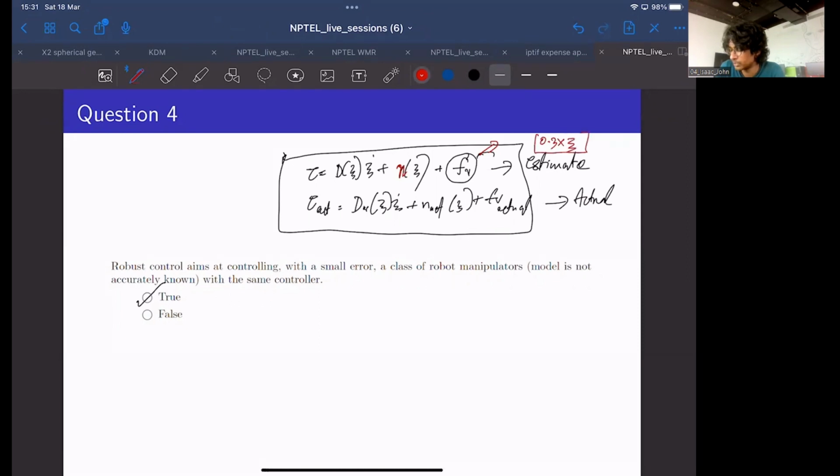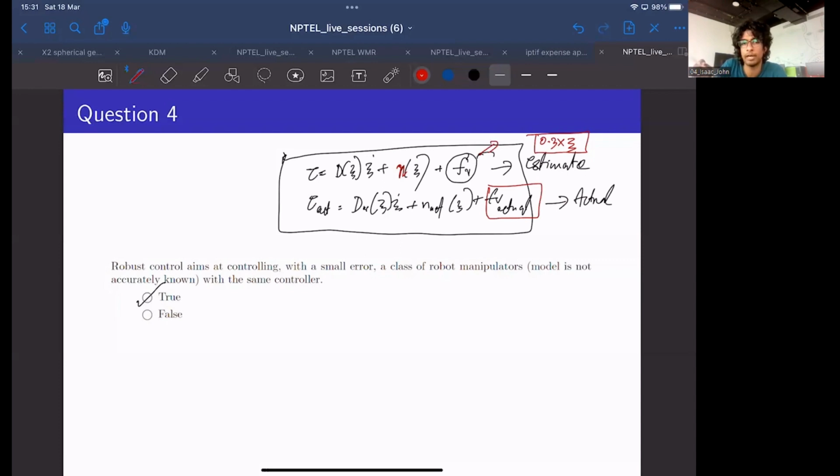This is how we would usually model or give a brief estimate of friction in a robotic system. In case of the actual system, it would be something different, but still we have some uncertain estimate of the friction. In that regard, that conforms with the structure.